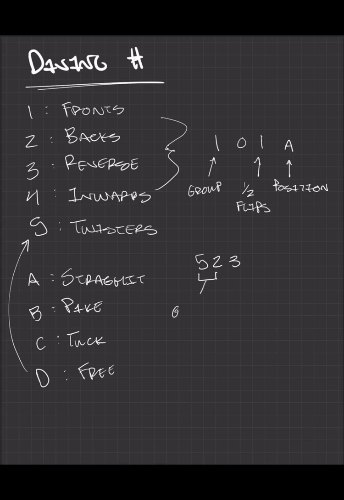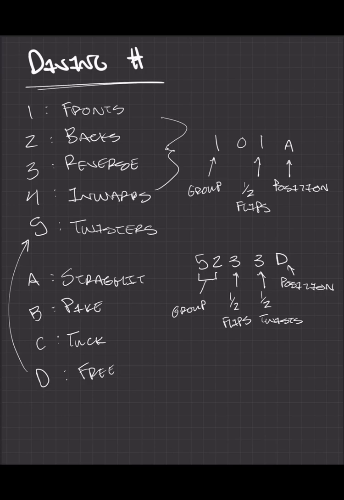So this is your group, and then your number of half flips. And then the last number, this one has 4 numbers, is going to be your number of half twists. So in this case, we'll just put 3. And then 9 times out of 10, the position of your twister is going to be D. So that's free.